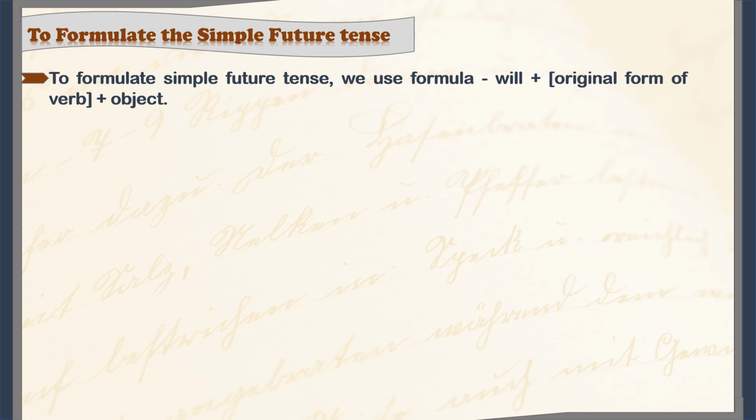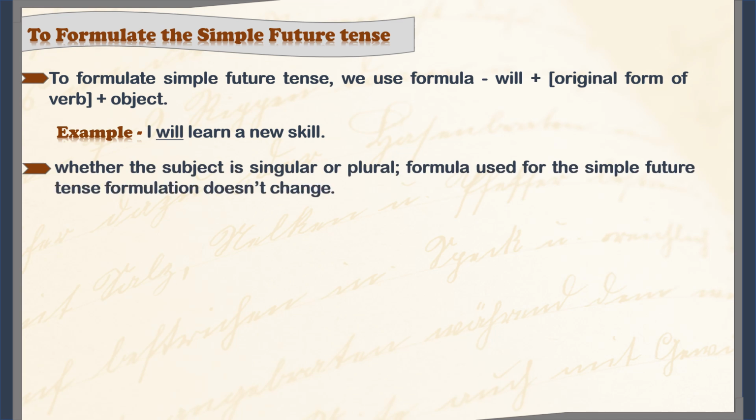To formulate the simple future tense, the formula is will plus original form of the verb plus object. For example, I will learn a new skill. Whether the subject is singular or plural, the formula used for the simple future tense doesn't change.